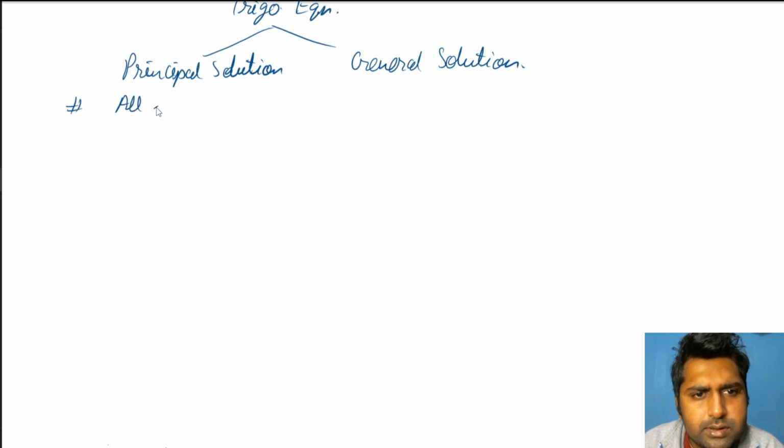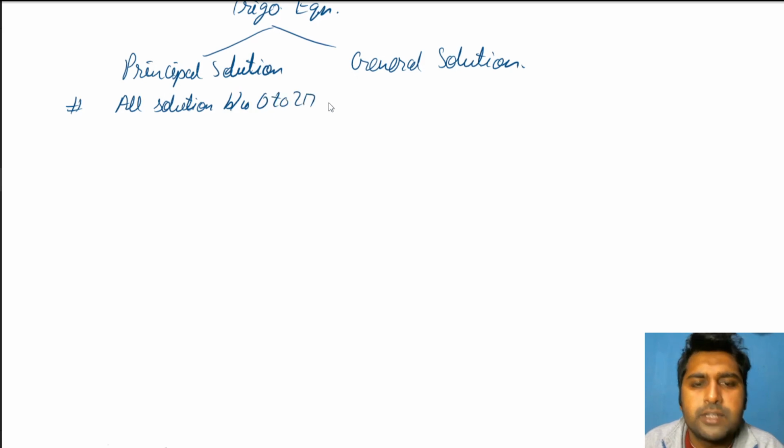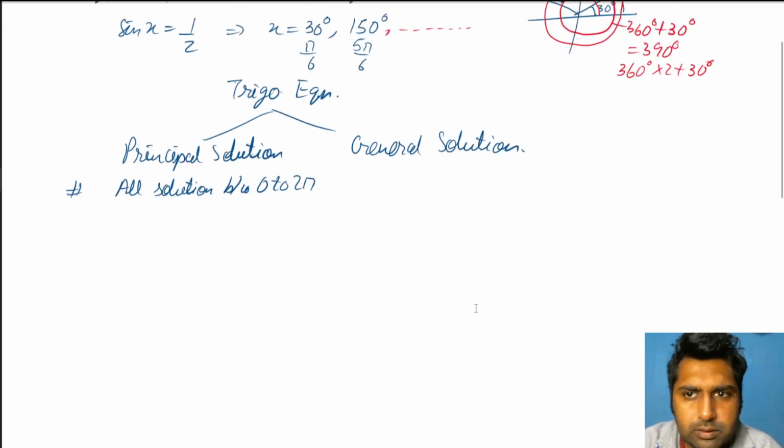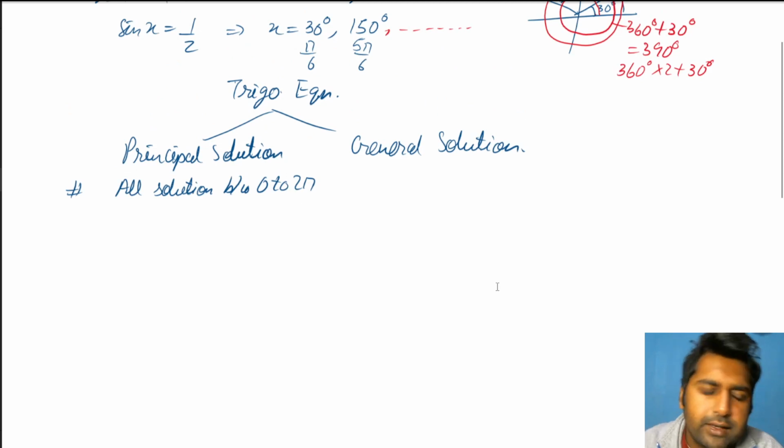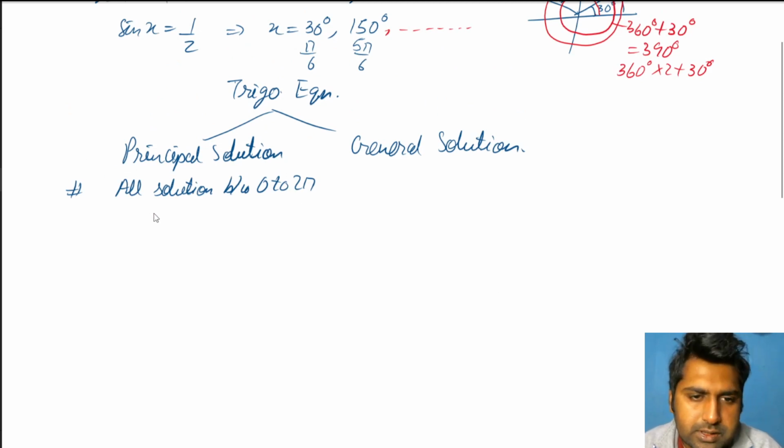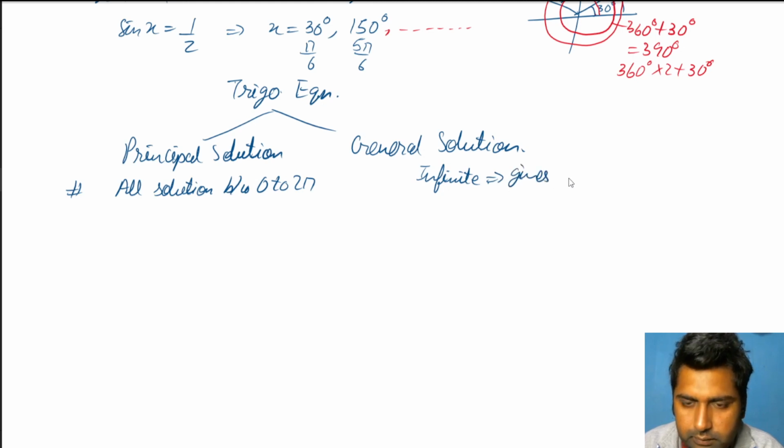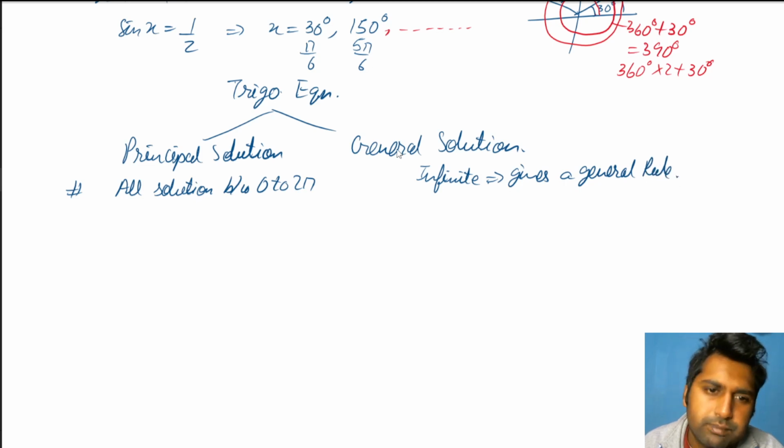All solutions between 0 to 2 pi, means we are talking about only one single rotation. So basically every time you will have two solutions for 0 to 2 pi. Those are called principal solutions. General solutions are infinite, so we'll have to give a general rule for the solution.